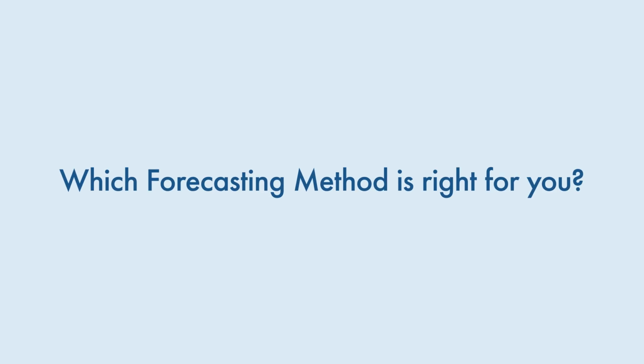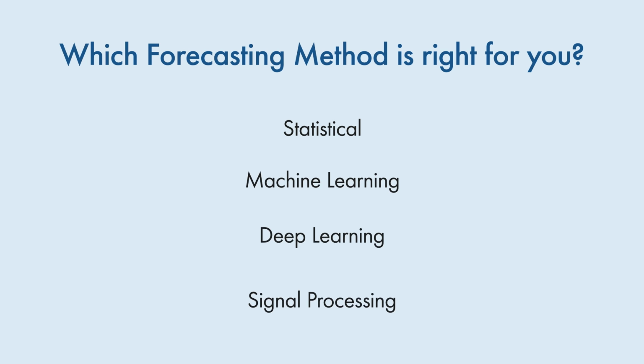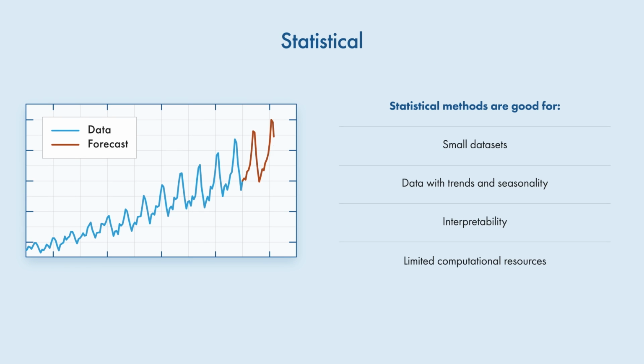Knowing the common techniques in time series forecasting is great, but how do you know which one to choose? Choosing the right method depends on your data complexity, goals, and resources. But generally, for smaller data sets with trends or seasonality, statistical methods like regression and ARIMA are efficient, interpretable, and work well with limited computational resources.